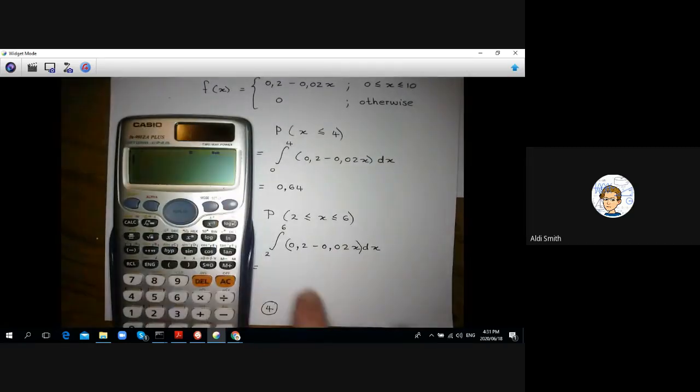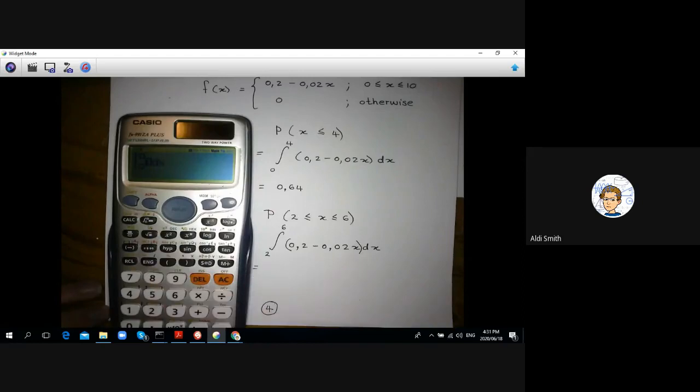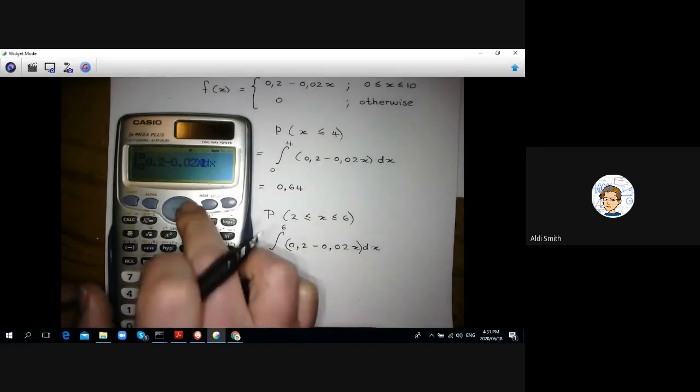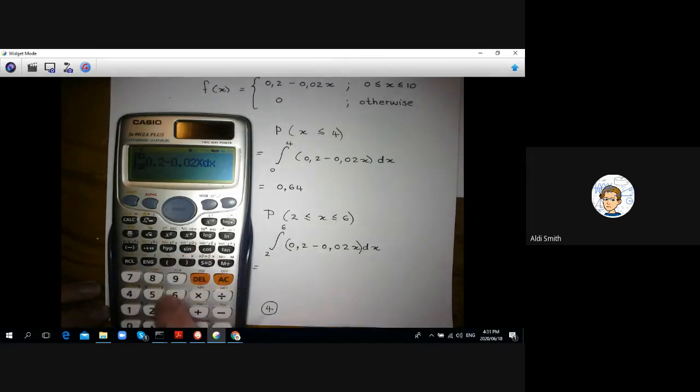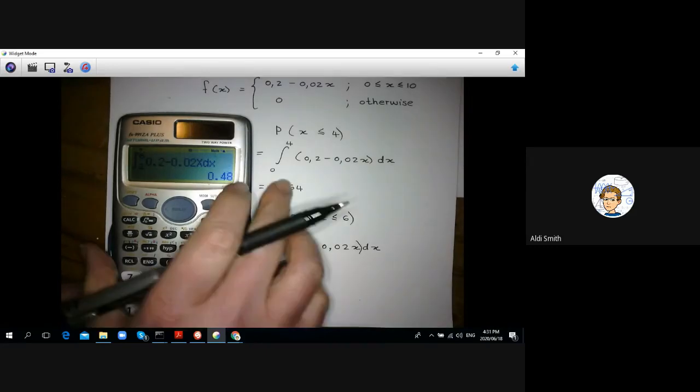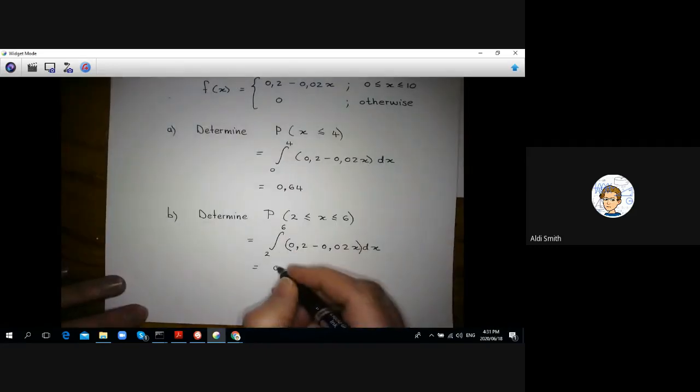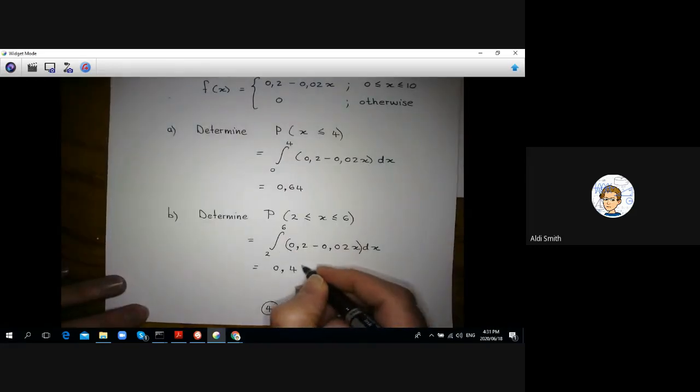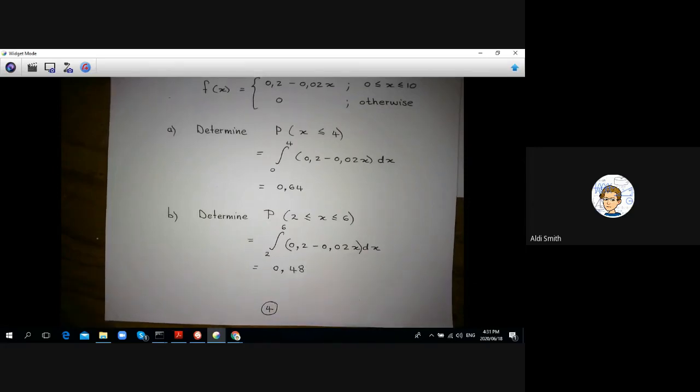And I can again just type it into my calculator. So this is going to be equal to 0.48. And that's if they give you the formula. It's actually very, very straightforward to use.